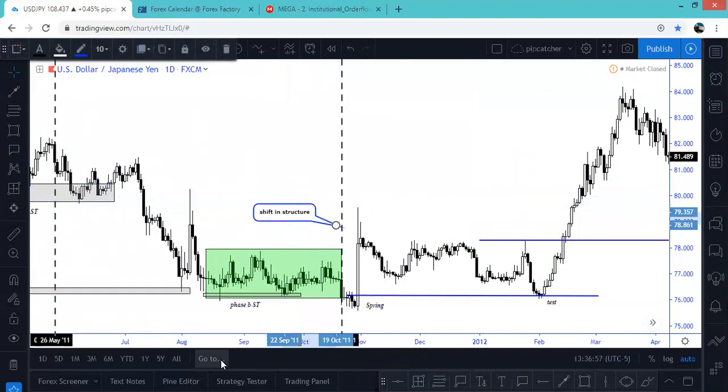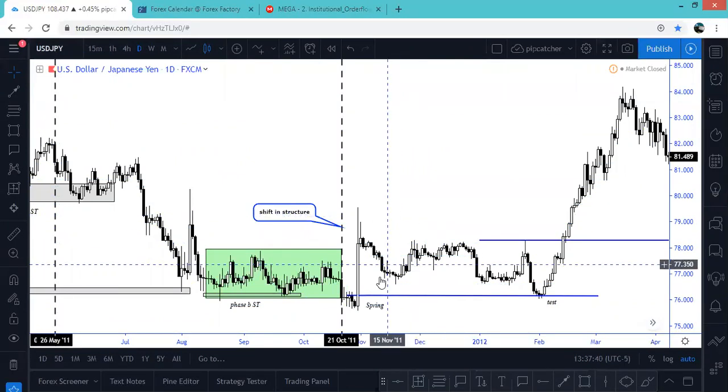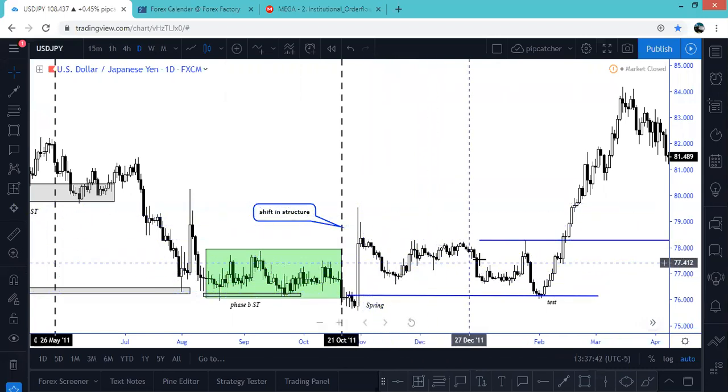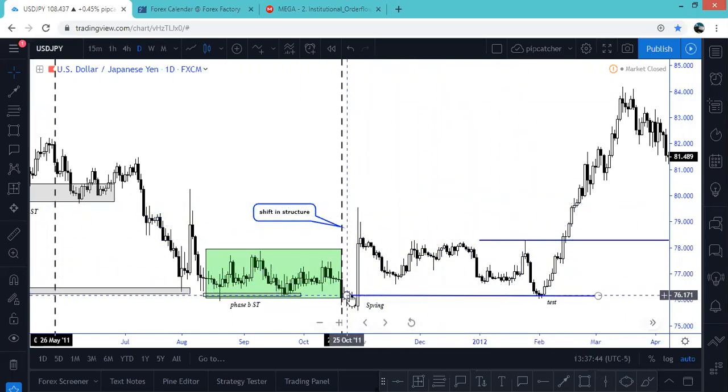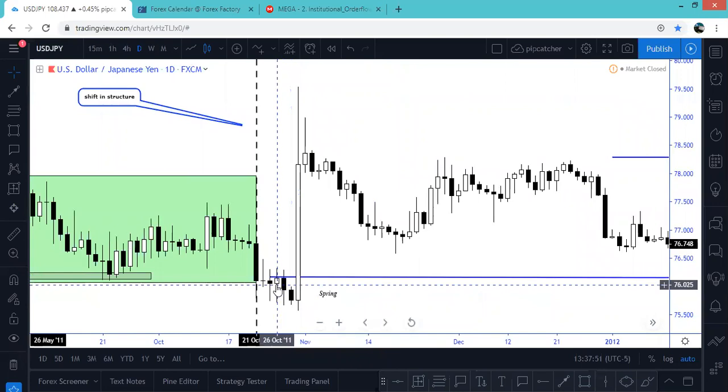Okay? Okay? So what comes after that? This impulsive move. We see this small line of liquidity that was broken right here. See this up candle right here?